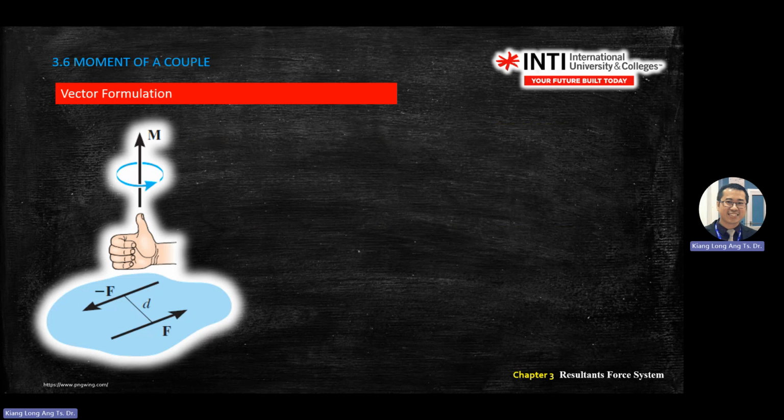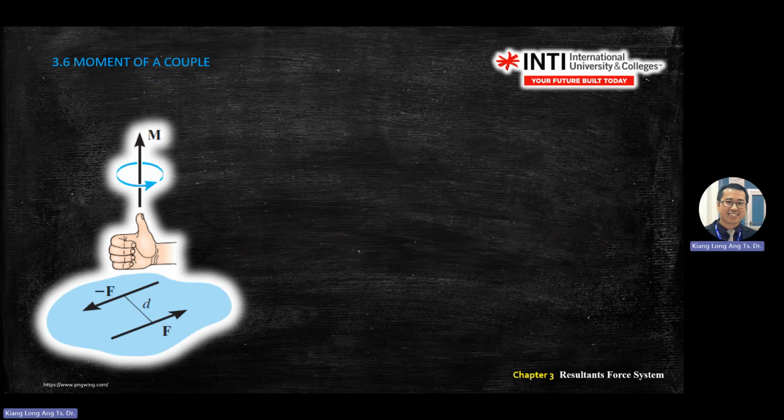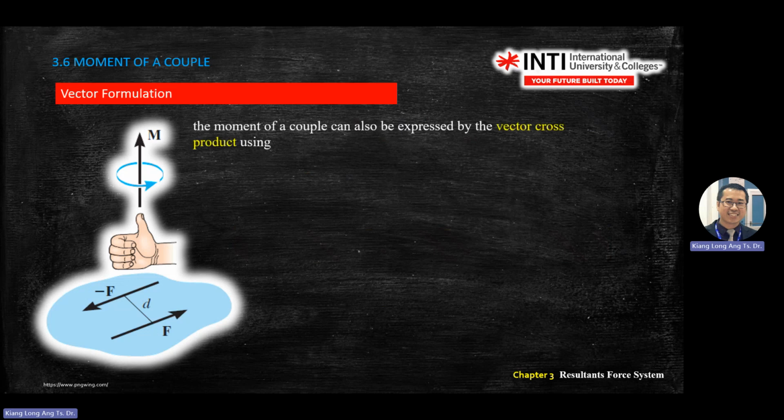In vector form, you put IJK in your answer. Just now it was a scalar, F multiplied by D. If the question forces you to use vector analysis, you have to write IJK in your answer, or you won't score any marks because you don't understand the question.